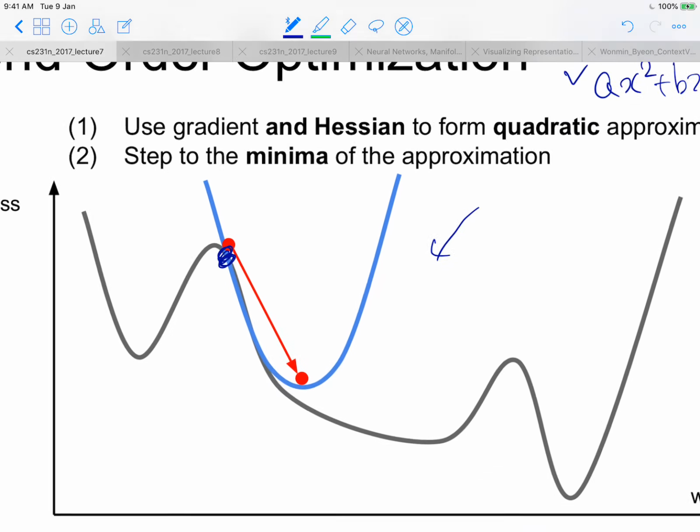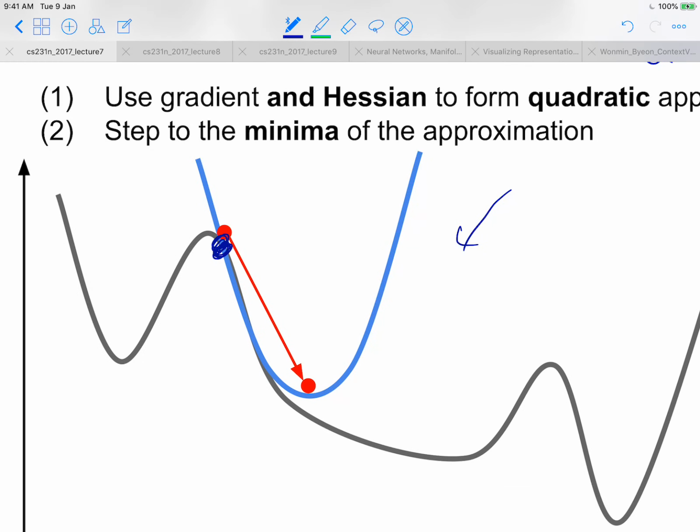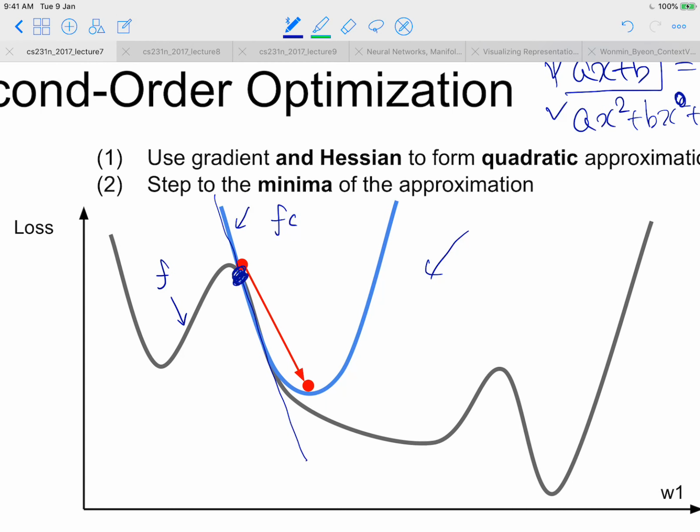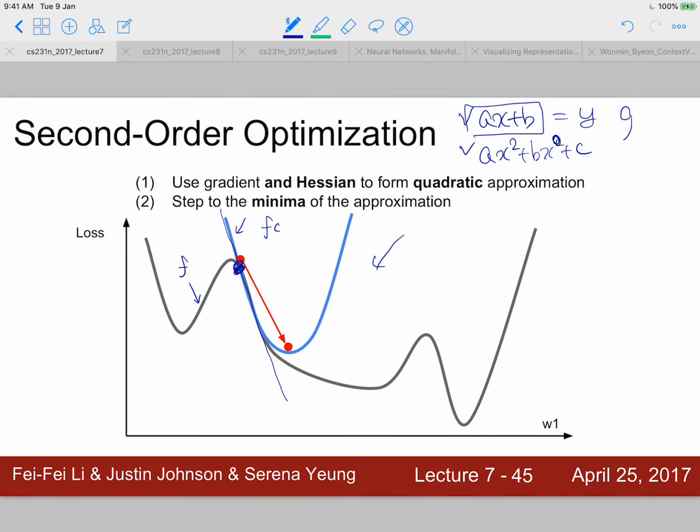Okay, so in this case, suppose we just approximated this complex graph as a single line. Suppose this function is f and this approximated function is g. So our g is this kind of function. These are the approximated function.